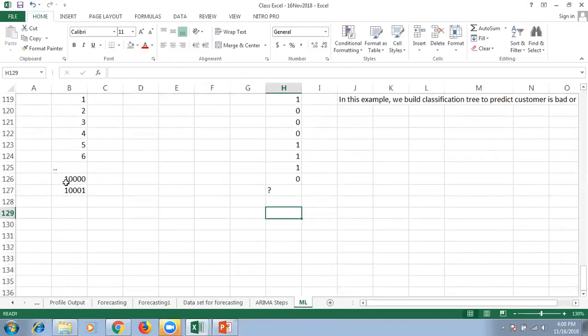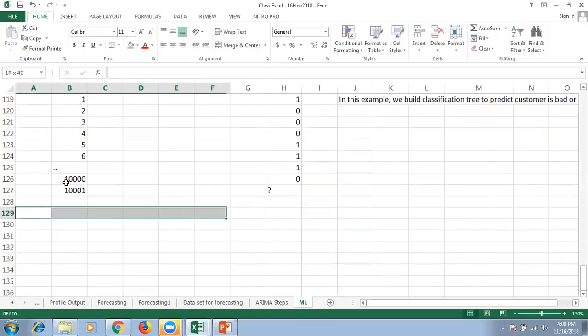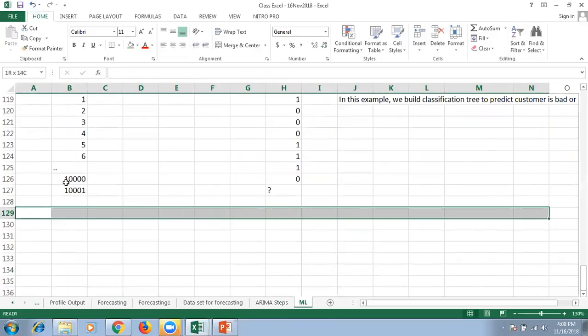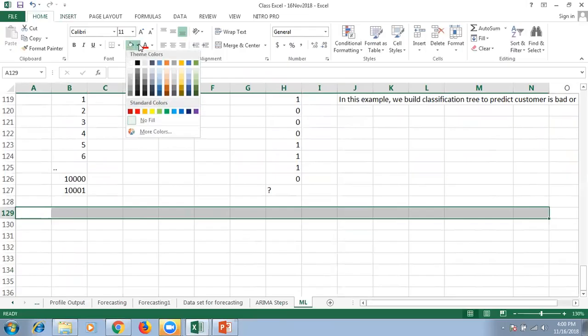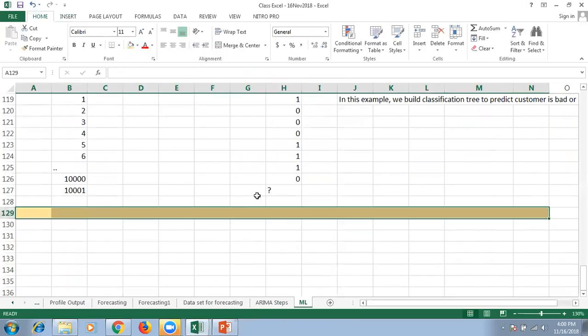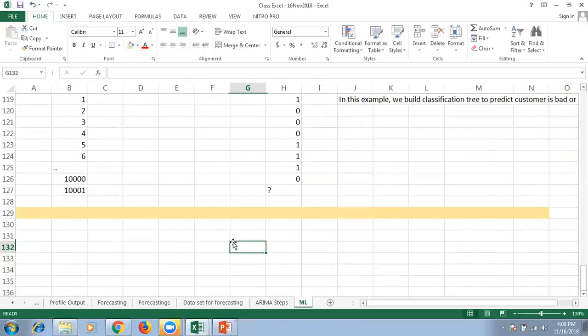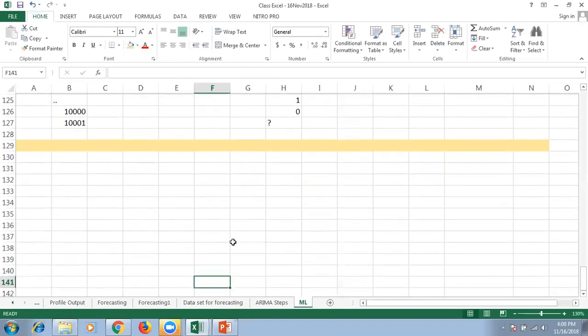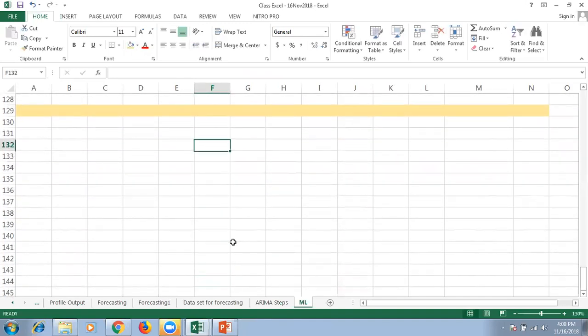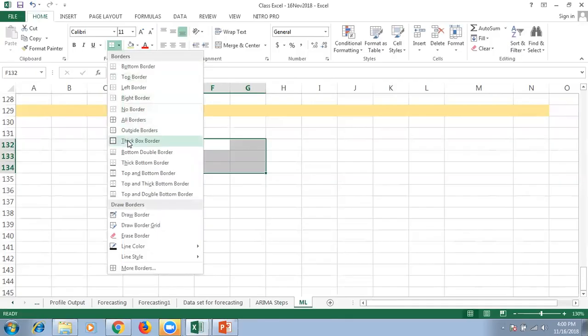Okay, now let's understand how the tree looks. First let me build the decision tree, and I will show you this is an example, and we will see the underlying logic of this decision tree a little later. Assuming this is the output you got when building a decision tree classifier.